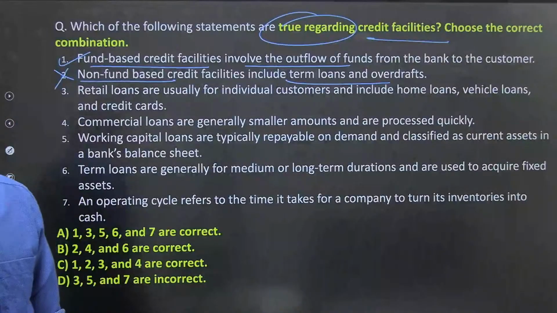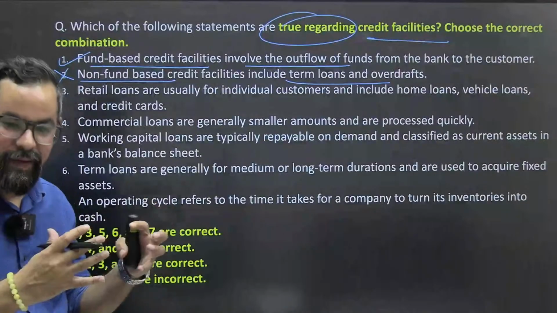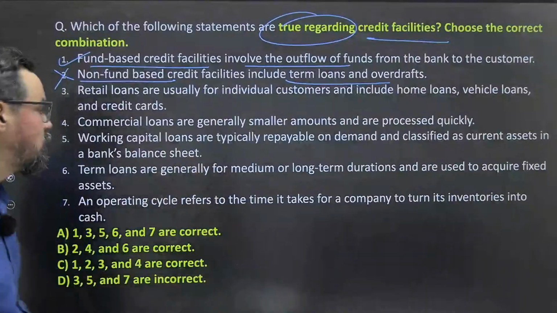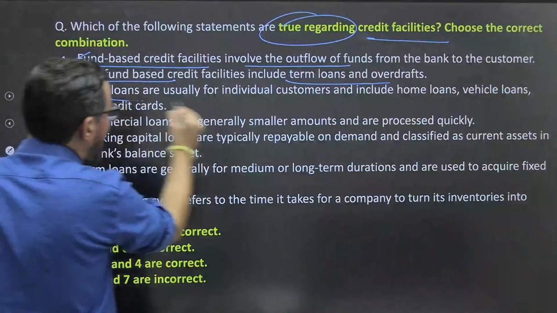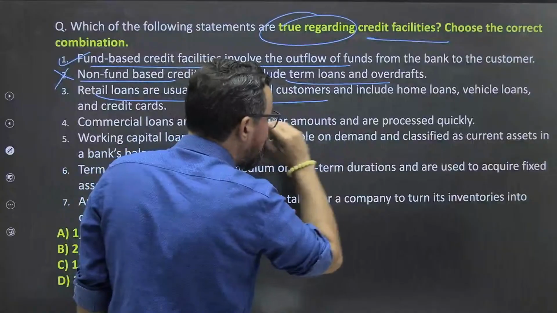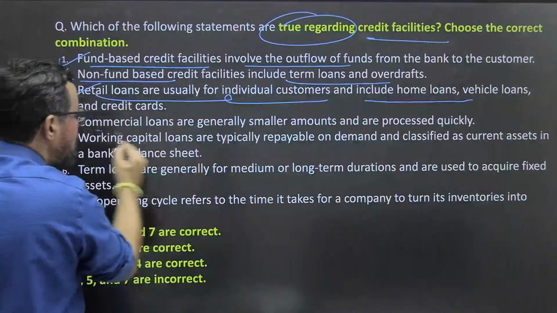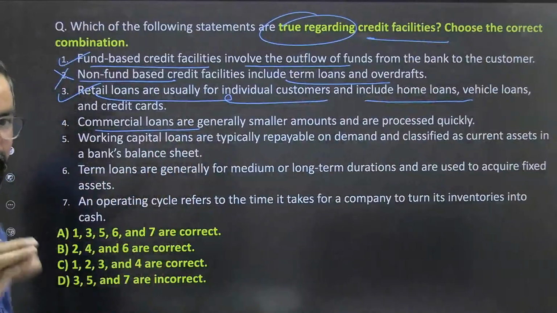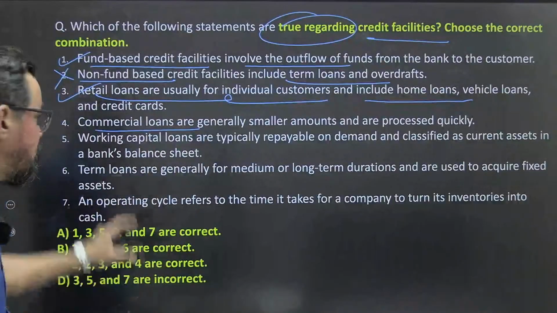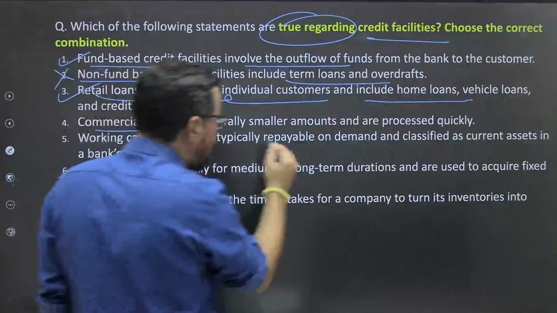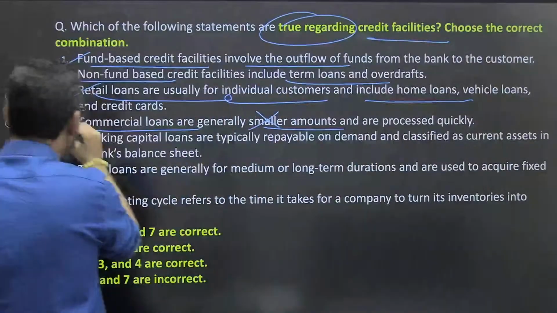Okay, so these are some things you will have to link from BFM and other subjects also. Then retail loans are usually for individual customers, and home loans are one of these. True. Commercial, different types of borrowers or their loan categories. There is one subtopic which is part of this. Commercial loans are generally smaller. No, they are bigger in nature.